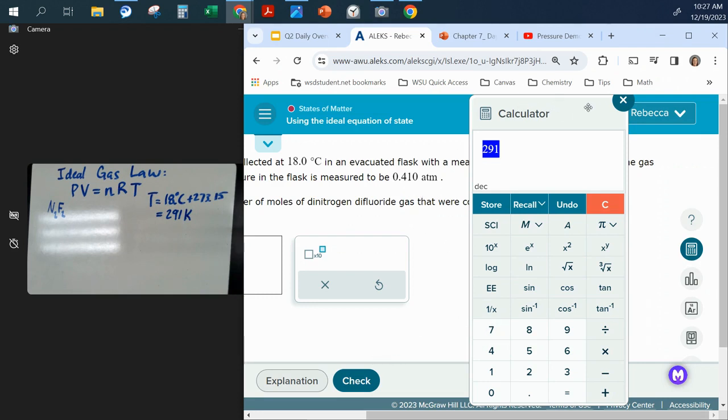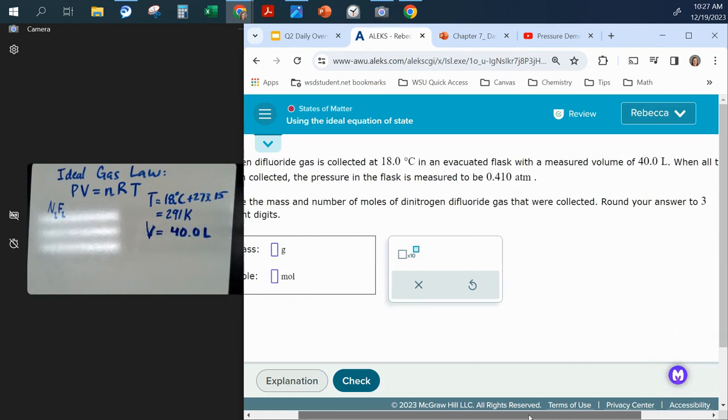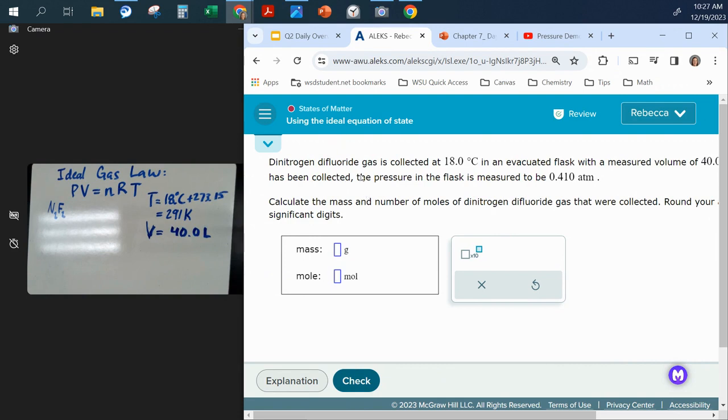In an evacuated flask, I think that means that that's the only thing in there, with a measured volume of 40 liters. So that's our volume. Great. Volume is already in liters. That's what we needed. Okay, let's keep going. When all the gas has been collected, okay.